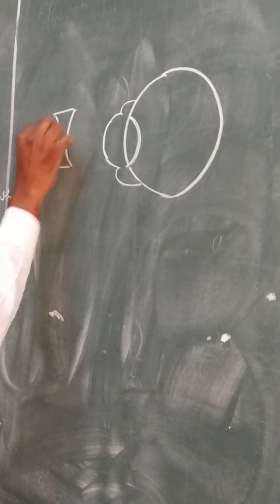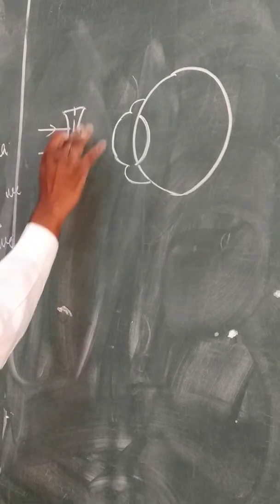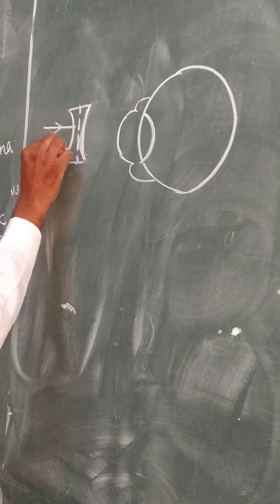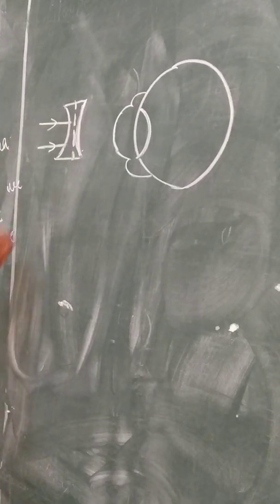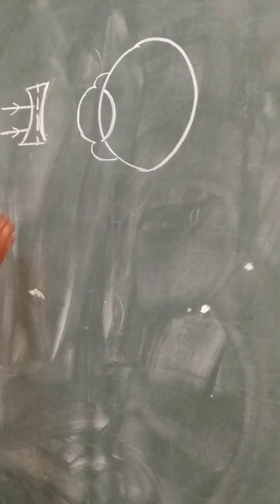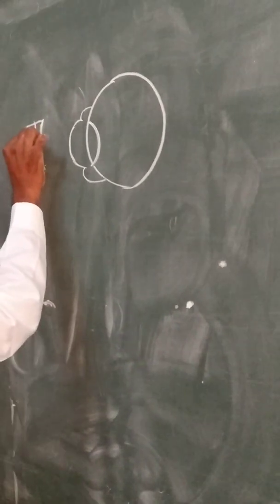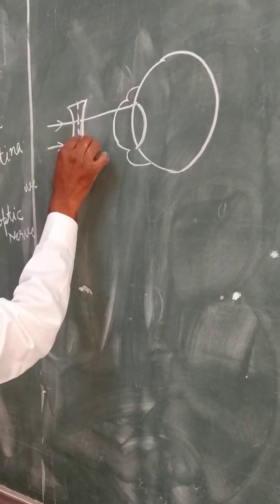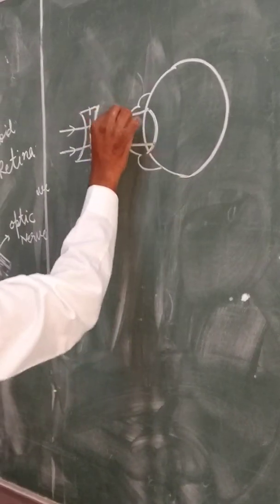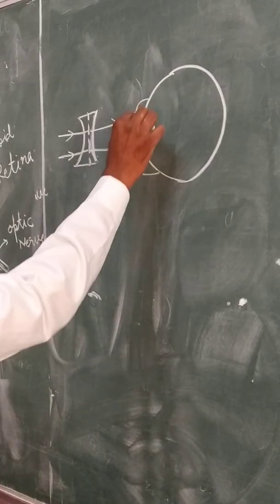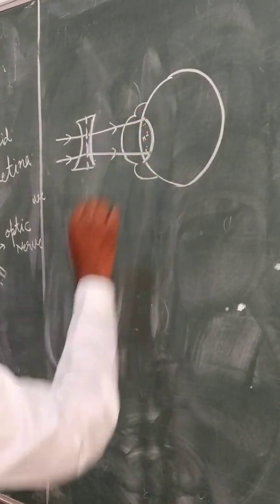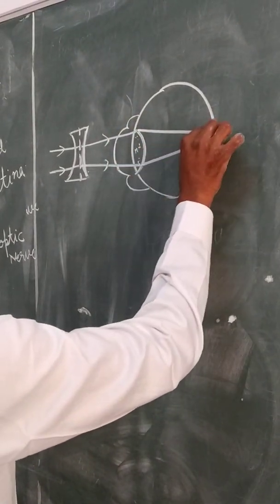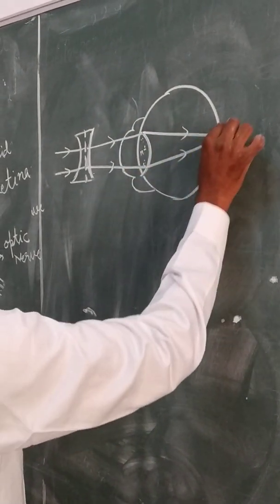These are the parallel rays from the far point object, incident first on the concave lens, and some diversion takes place, and they are incident on the eye lens, and these light rays are focused on the retina.